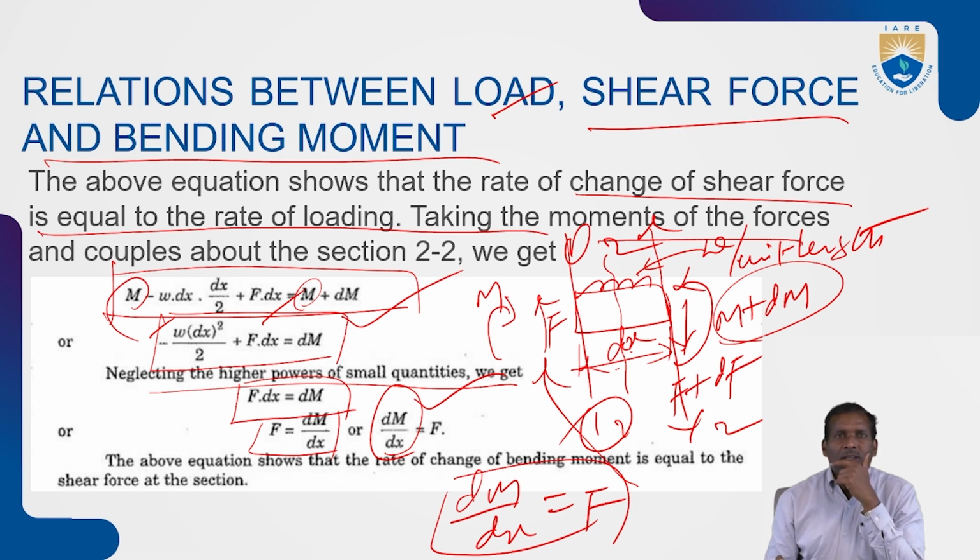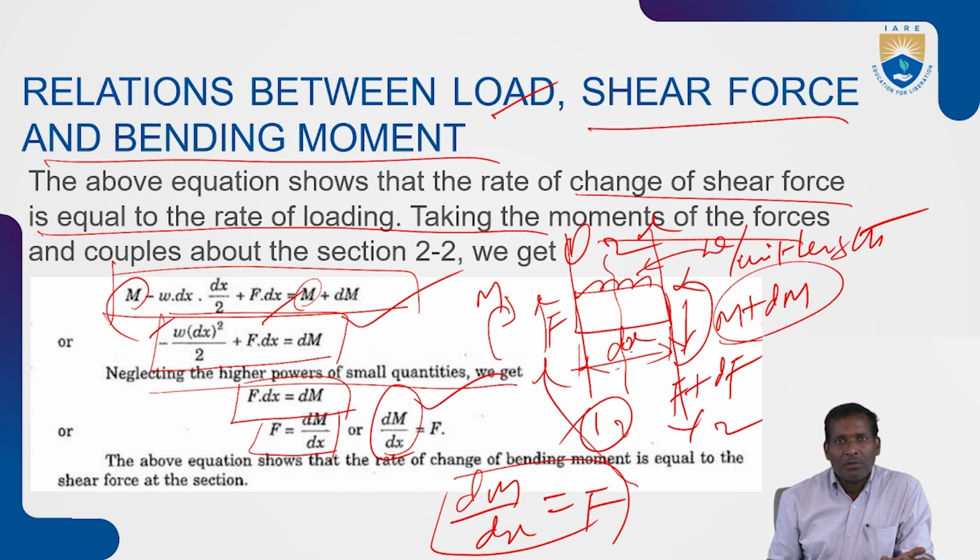So these three are involved in the shear force and bending moment diagrams. Types of loads we have already discussed: point load, UDL and UVL, and shear force and bending moment have also been calculated for different types of beams. But the relation between these three is derived here.